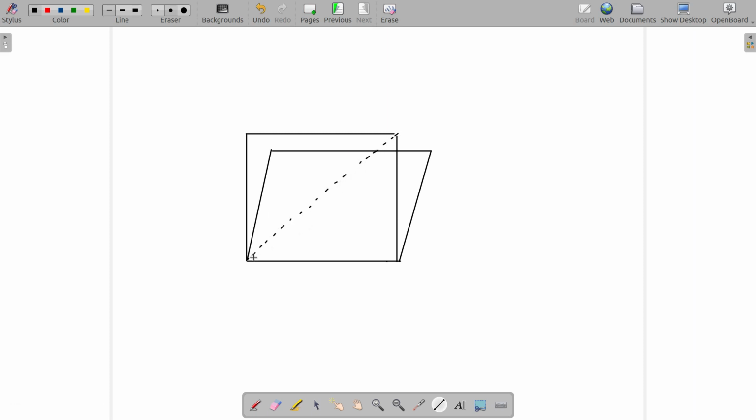This was the original diagonal. After deformation, this is the new diagonal. Let's say this is a square and A is the dimension, and shear strain is defined as the angle in radians by which the element gets distorted.